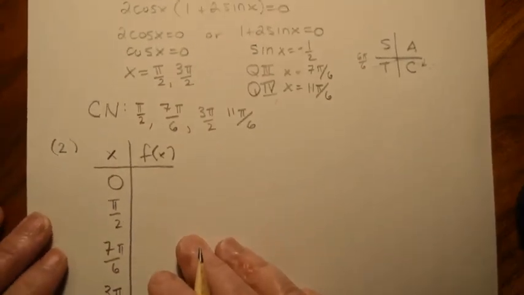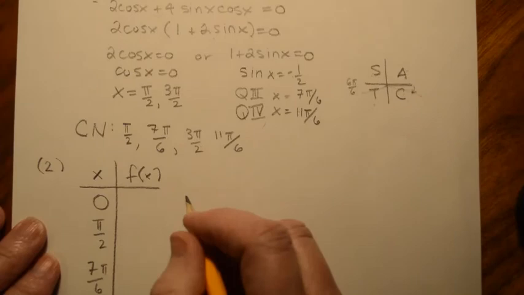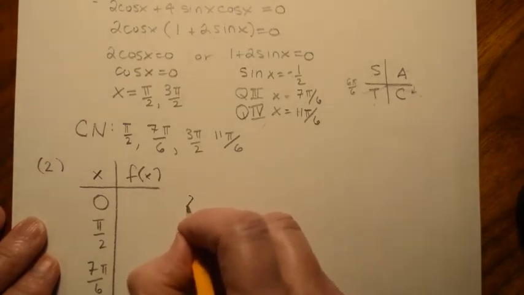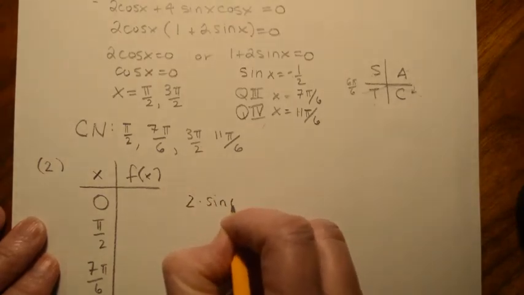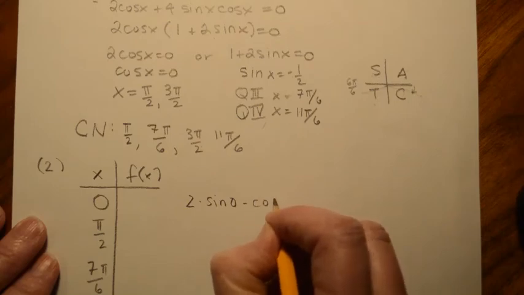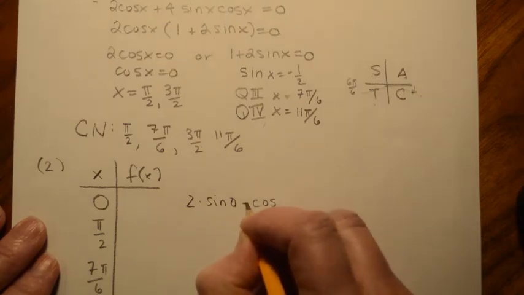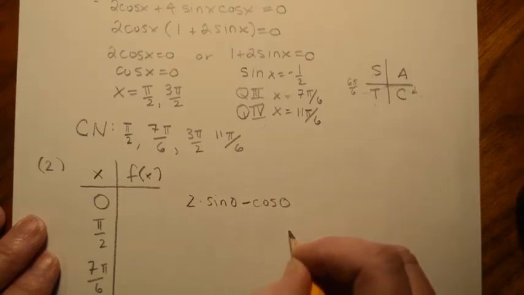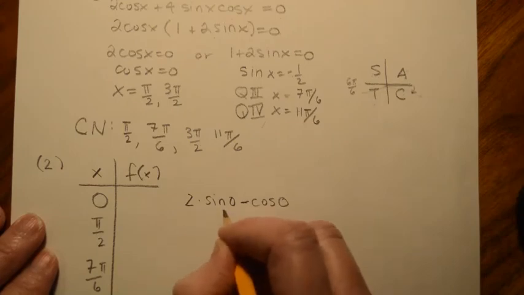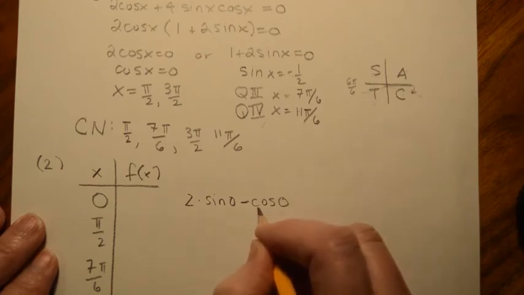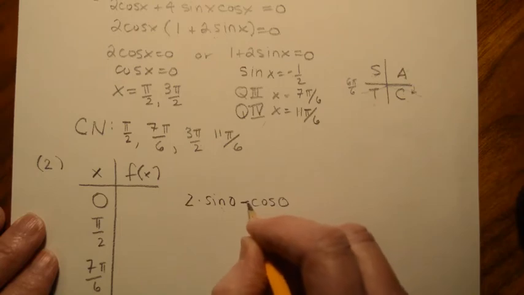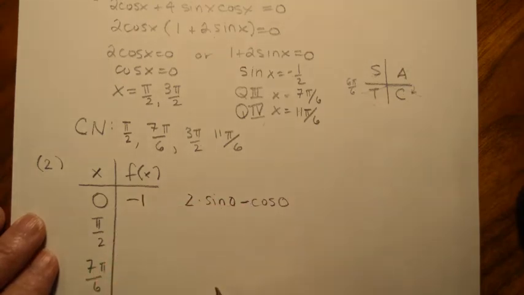All right, so we just have to plug them back into the original equation. So this is asking us to do 2 times sine of 0 minus cosine of 2 times 0. 2 times sine of 0, that's 0. And then cosine of 0 is 1. So this ends up being negative 1.